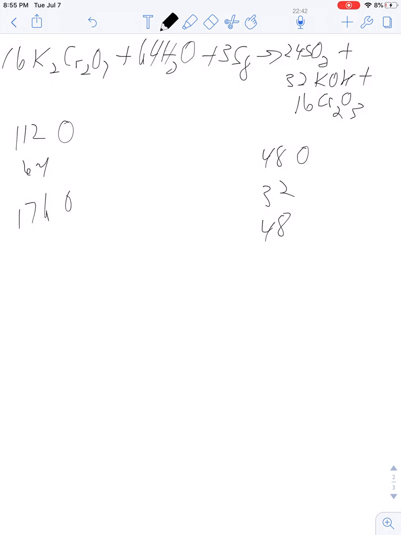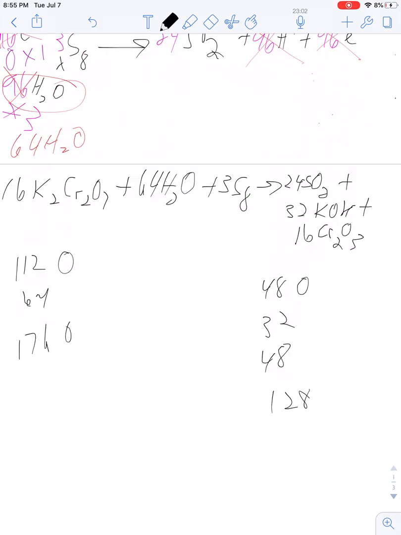And 48 plus 32 plus 48 is 128. Let's see. 16 times 7 is 112 plus 64. I think I made a mistake up here.